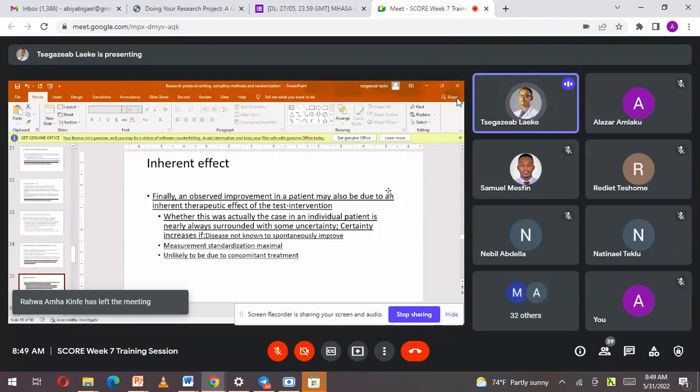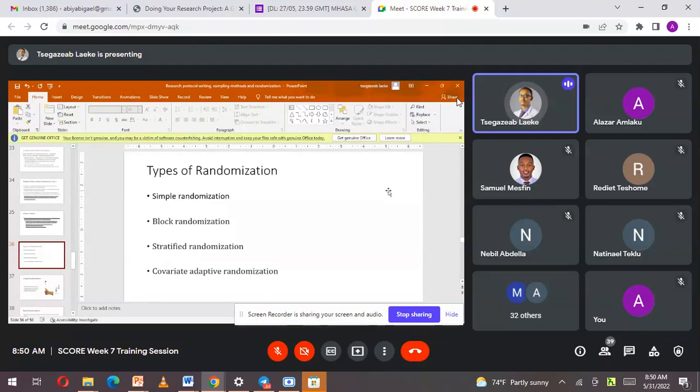If the disease is known to spontaneously improve, it's really difficult to conclude that it's the treatment that had an effect on the recovery. So whenever we plan, we have to standardize measurement, and that should be maximal. And we have to make sure that concomitant treatment is administered.